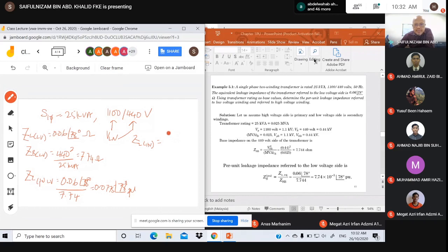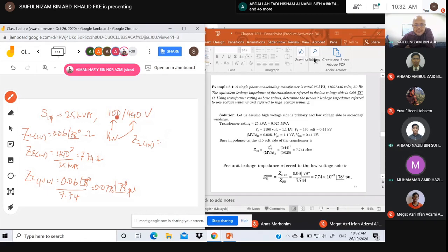You are given the impedance at the LV side. If you want to bring it to the HV, in this case is the HV the primary or secondary? Primary, right? So you have to multiply by the square of the turns ratio, correct?